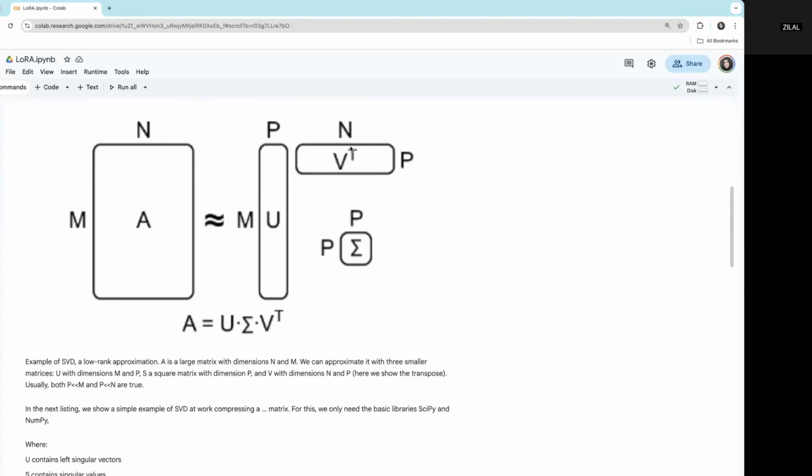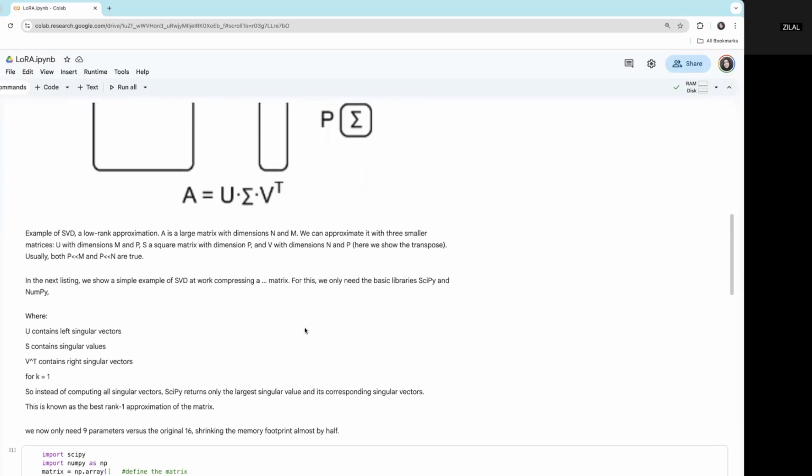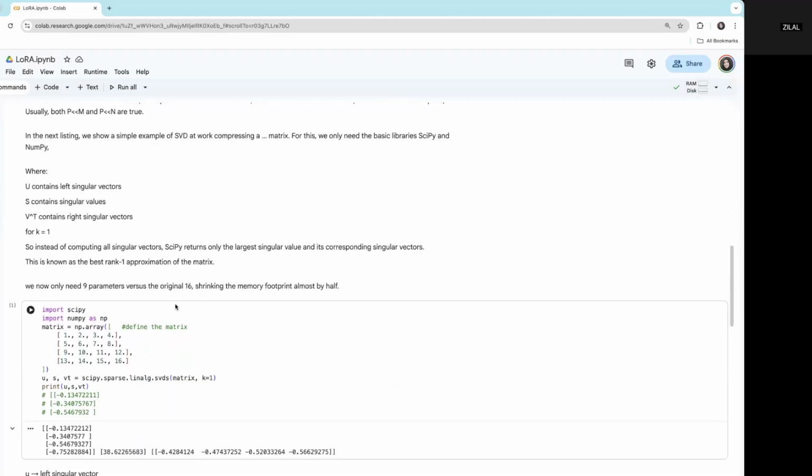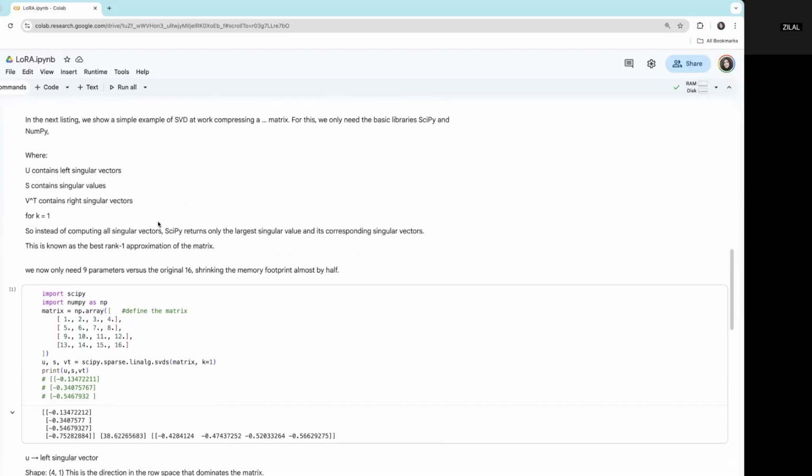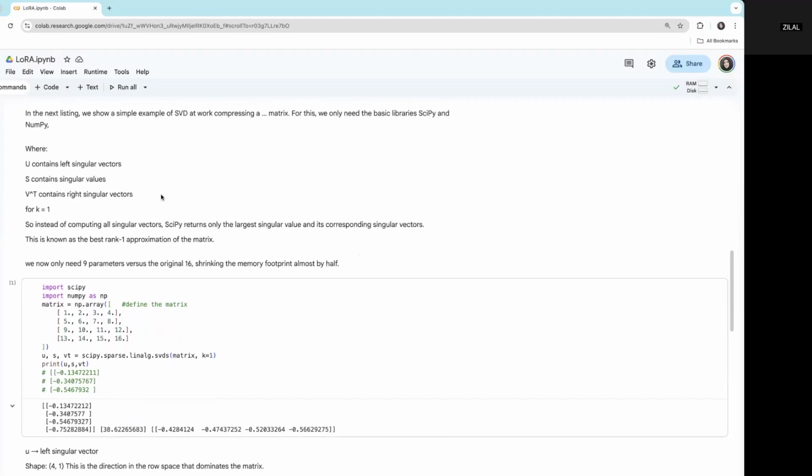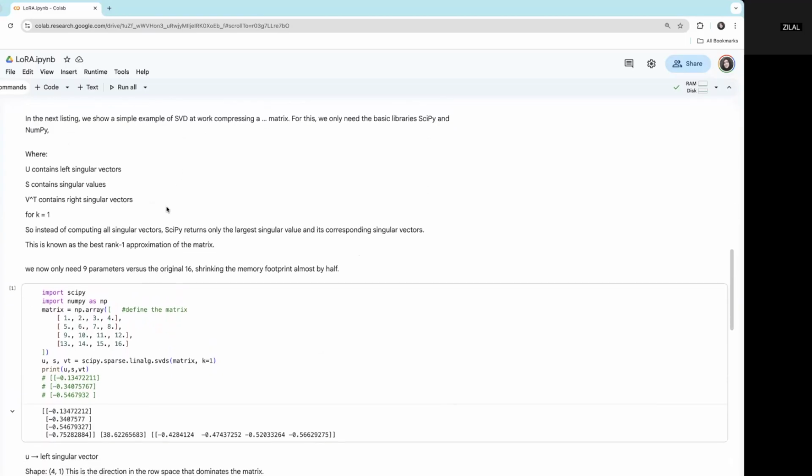Here, this is a V transpose. In the next slide, I will show you an example of SVD at work compressing.